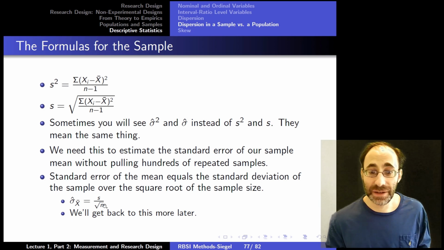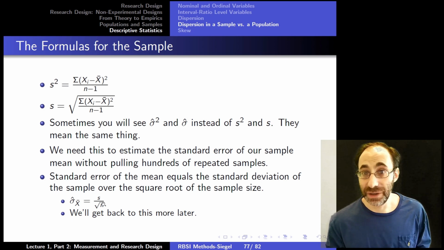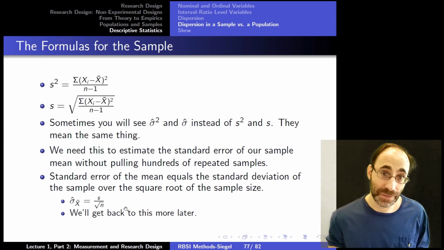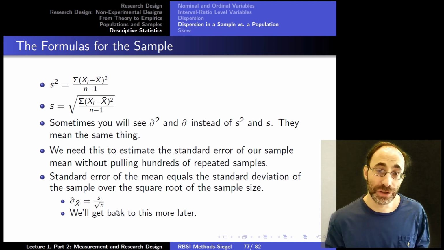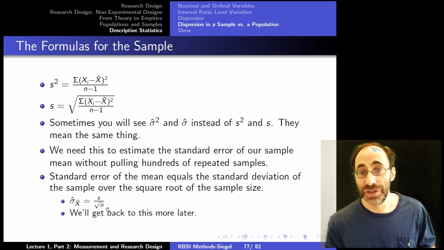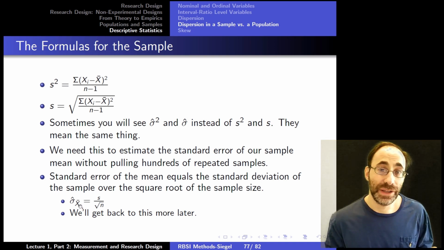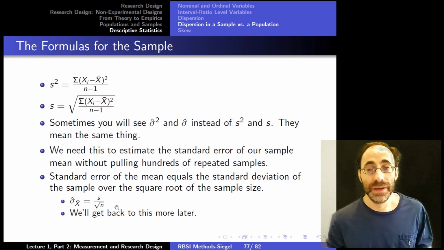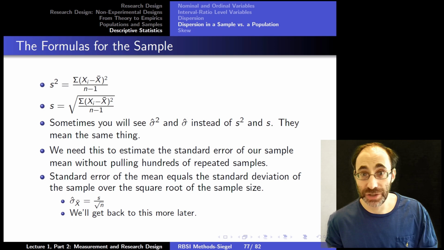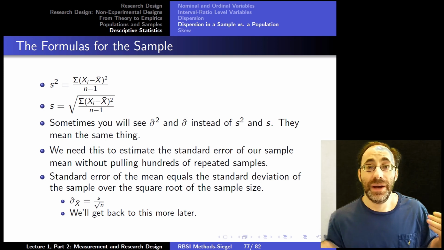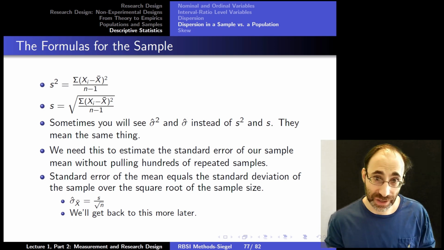And if you have an infinite amount of data, this goes to 0, and you have no error at all in your sample mean calculation. But the smaller the size of the data set, the larger will be your error in your sample mean. Again, this will come up a lot more later, so if this part of this module isn't totally clear yet, that's okay. We'll go back to this over and over and over again.